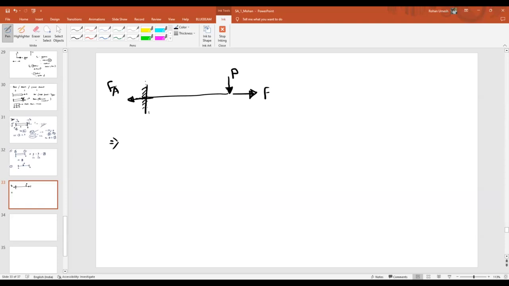Now, what is there at A? As we all know, as it is a 2D case, 3 reactions will develop. So let us see how to find these 3 reactions. First thing you have to remember is that because of the axial forces, rotations will not generate or movements will not develop. This is the first point that we should understand.